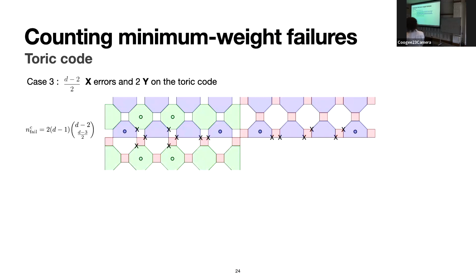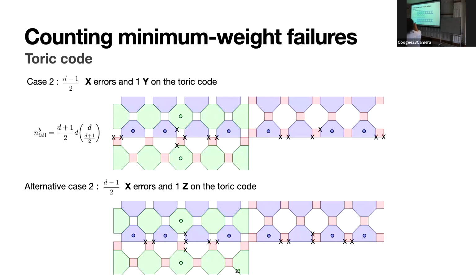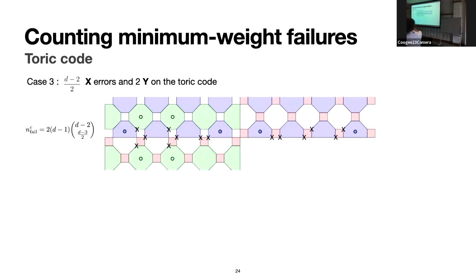And then we have a third case where we have 2 Y errors on the toric code. Again, I should have said, but it's pretty obvious, that for case 1, case 2, and actually all of these, the errors take place on one row. And so we count these on the left.